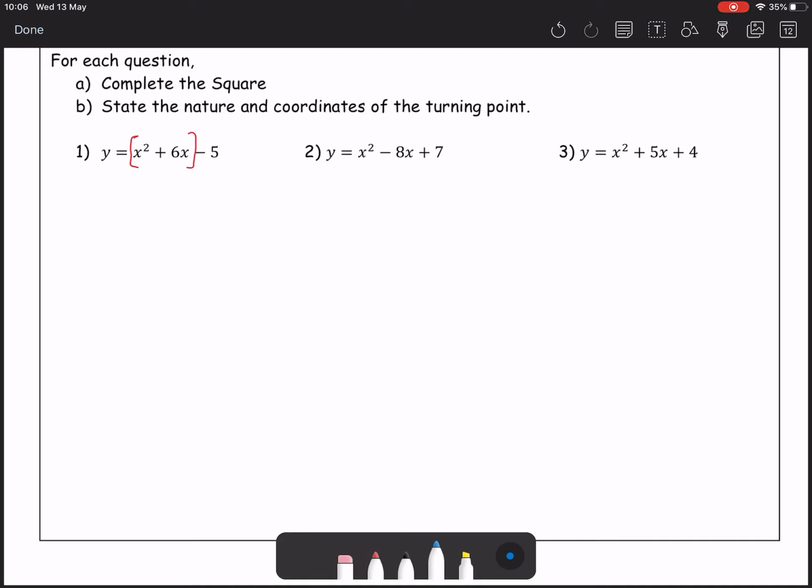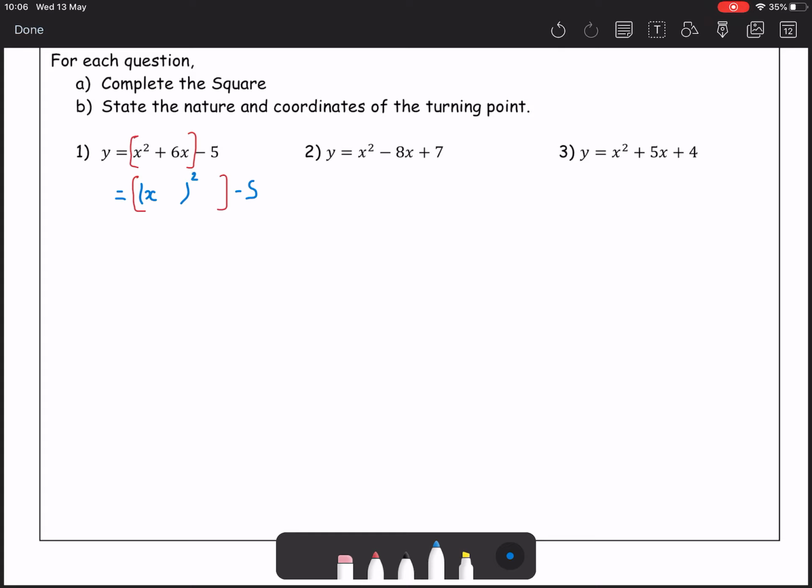That means that within our quadratic, the minus 5 will not change at all. And we will look to write our x squared term within a bracket.